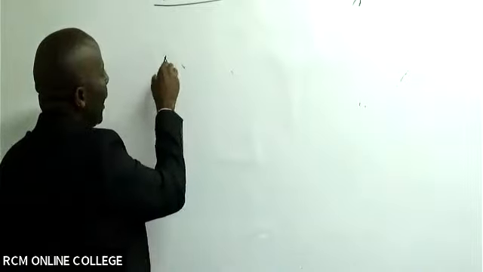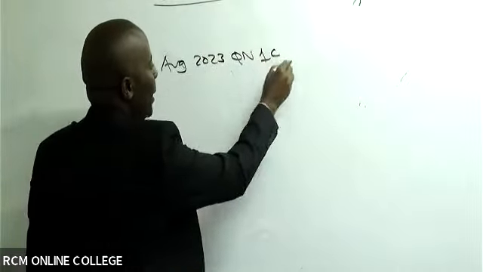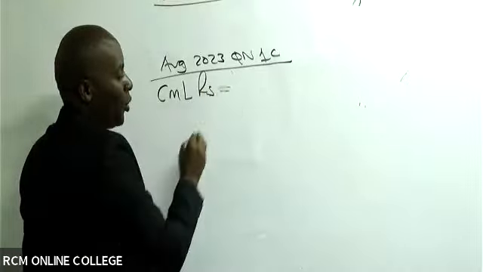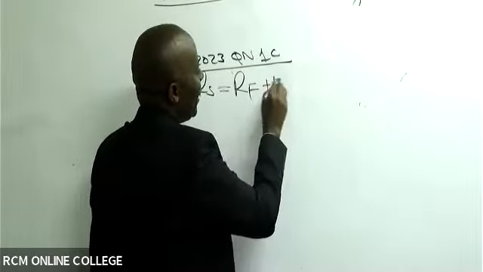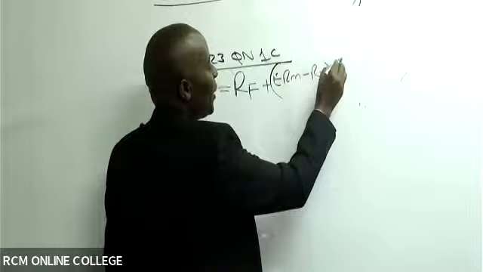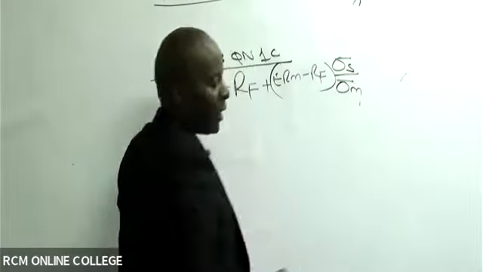We are doing August 2023, question number 1C. The CML return of a security is the risk-free rate plus ERM minus risk-free, multiplied by standard deviation of S over standard deviation of M.